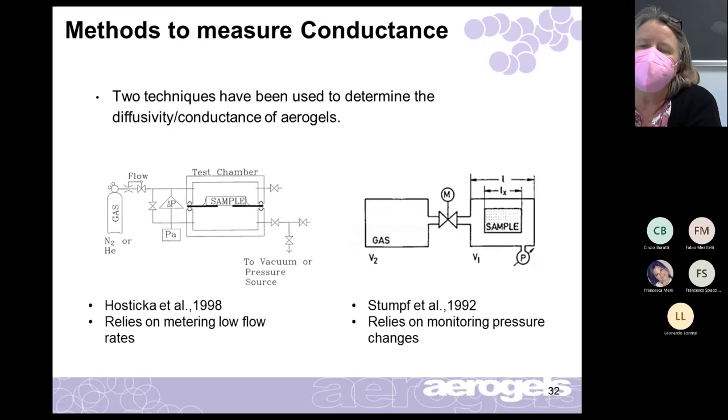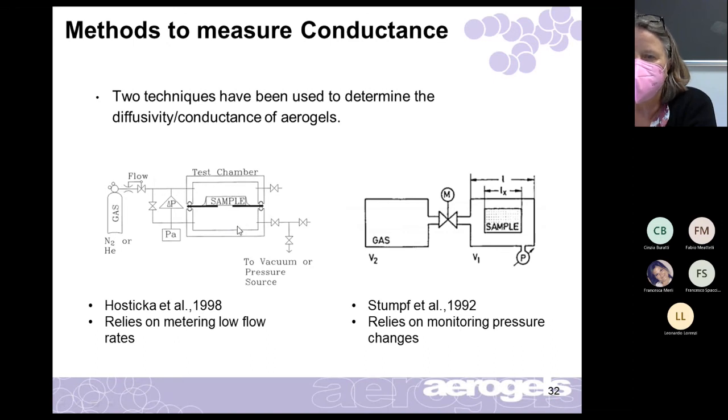One way is to place a sample, an aerogel, in a chamber and seal it. There's an opening on the bottom, and you evacuate this side, and then you flow gas through the top, and you measure the pressure from top to bottom. And so you meter the flow rate.